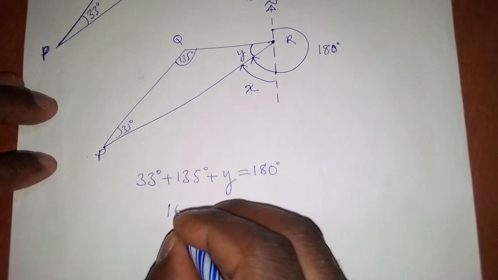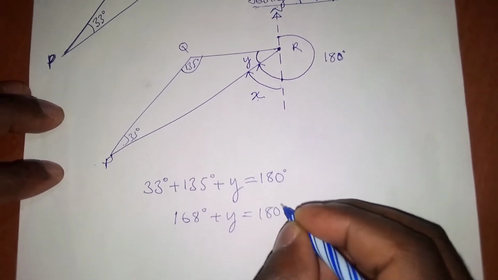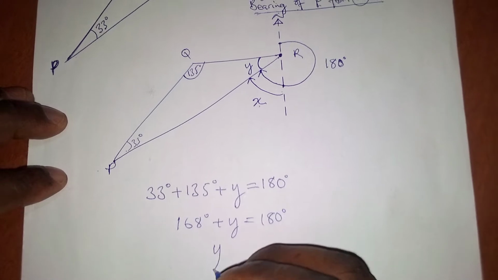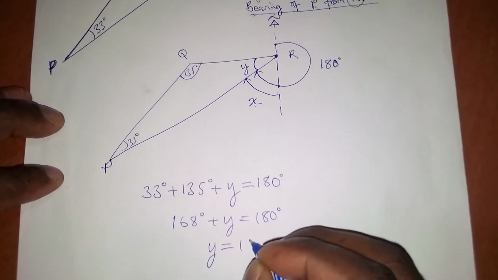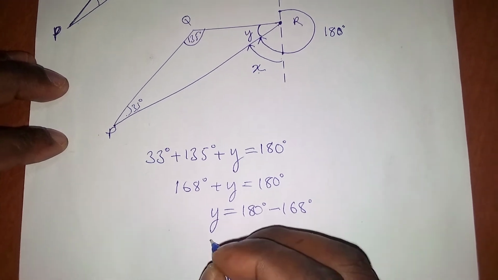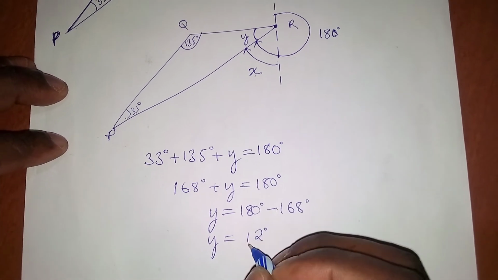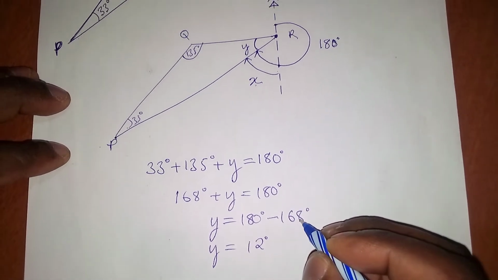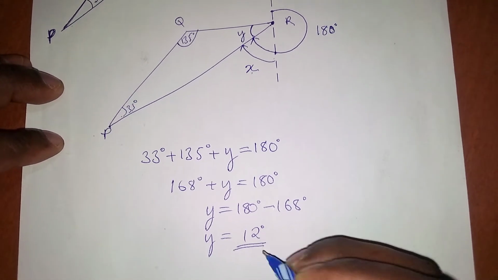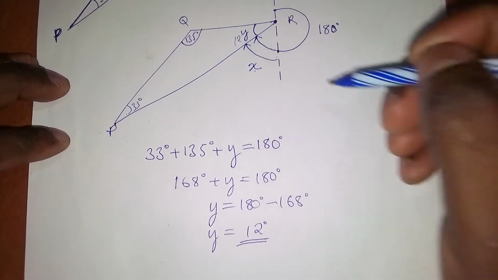We have 168 degrees, plus Y is equal to 180 degrees. Therefore, Y is 180 degrees minus 168 degrees, which is 12. So this angle here is 12 degrees.